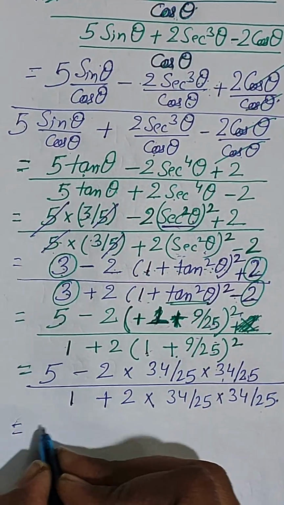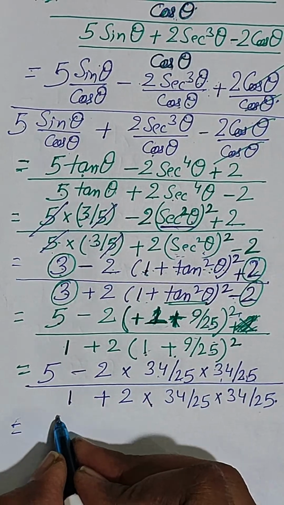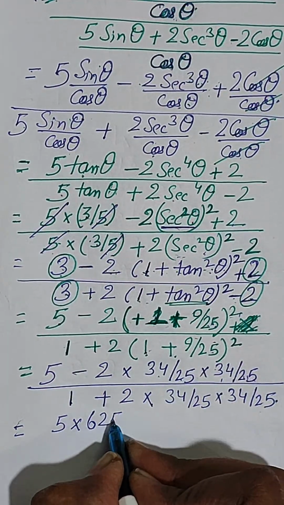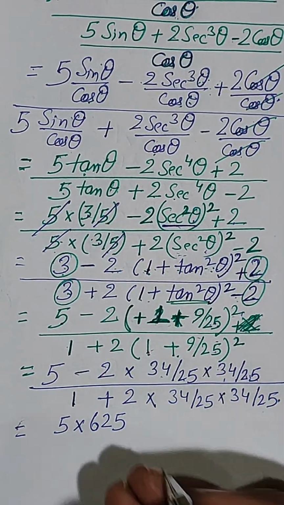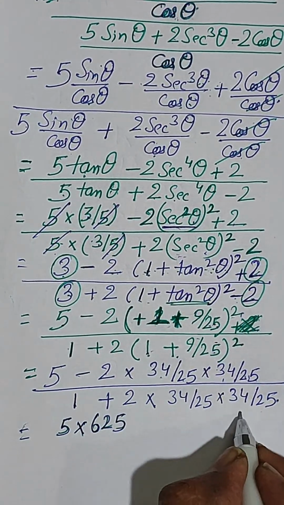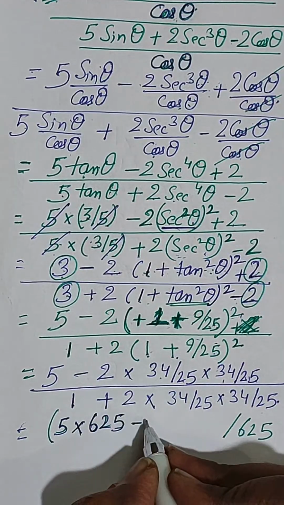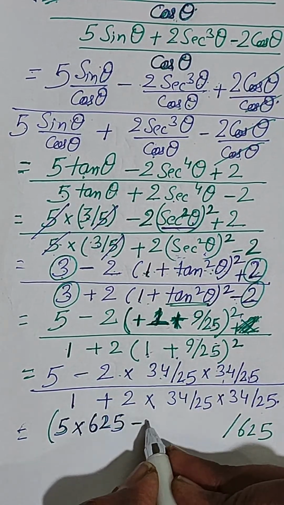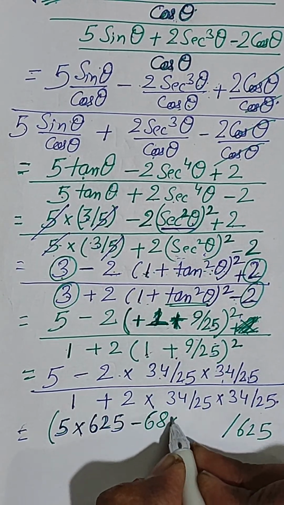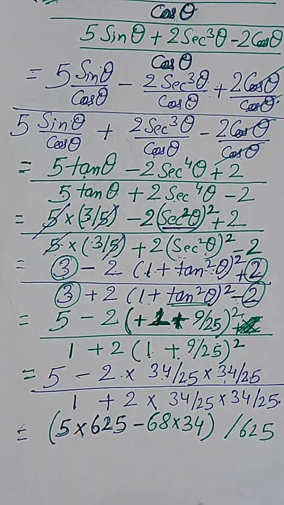So this will give you the value. Let me solve it. 25 into 25 is 625, so it will be 5 into 625. Taking LCM, it becomes 5 into 625, because 625 is the LCM, minus 2 into 34 into 34, that is, 34 into 2 will be 68. So it will be 68 into 34, whole divided by 625, right?